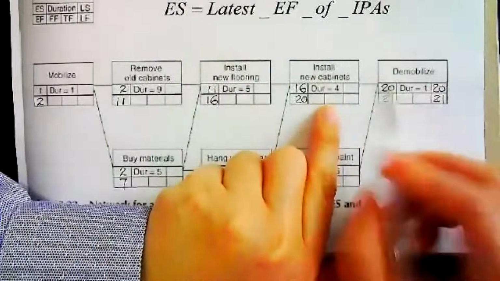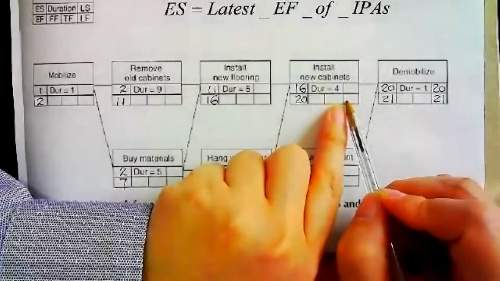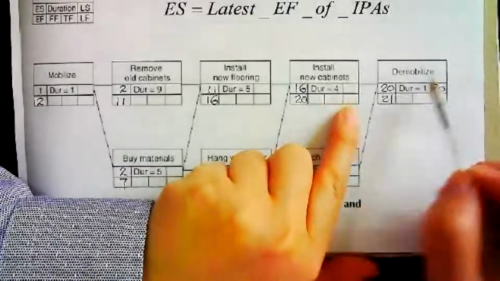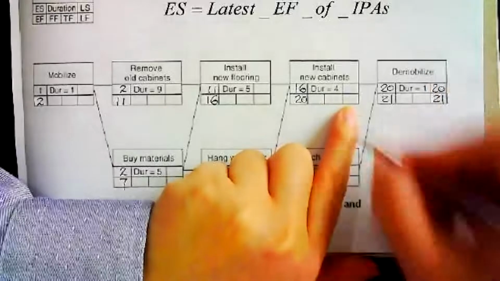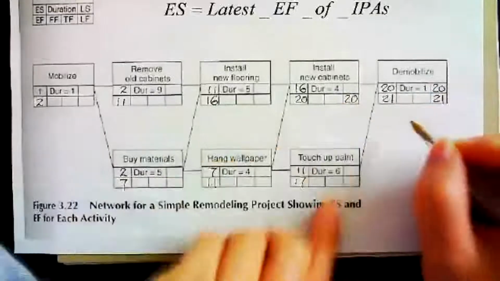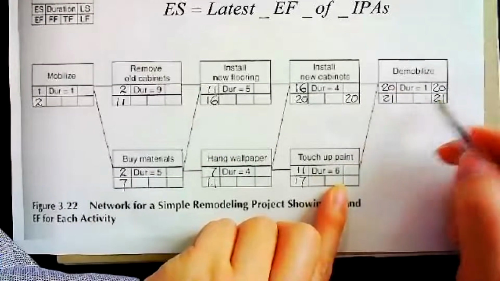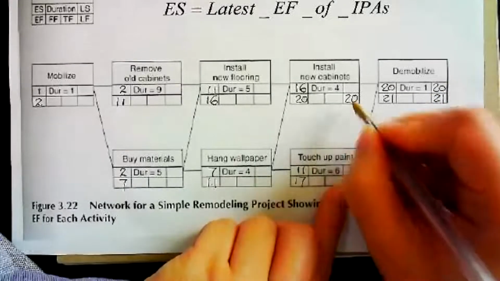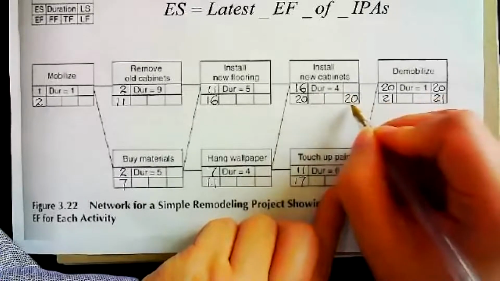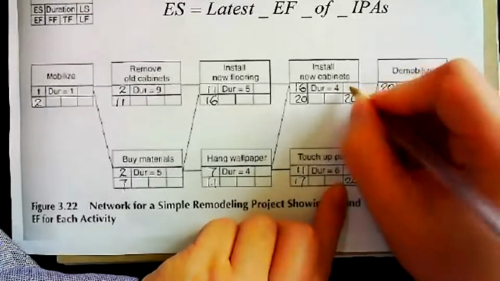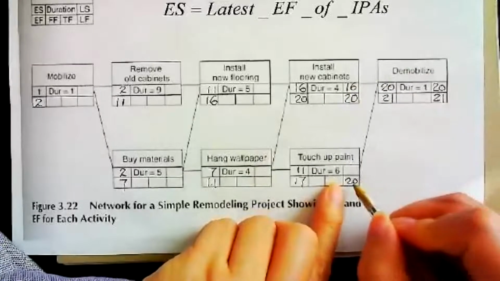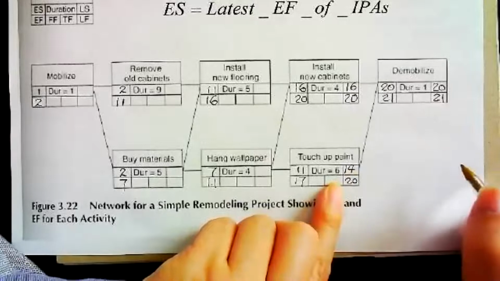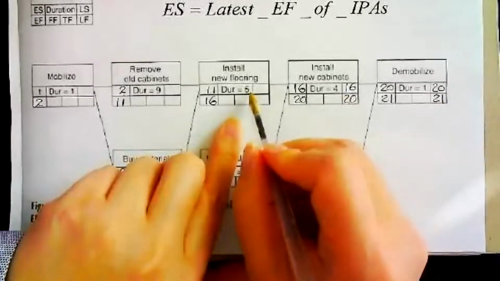Then I want to find the previous activity's late finish. That equals the ISA's late start. So over here is 20. This one, the ISA's late start is also 20. 20 minus 4, 20 minus 4. This is 16. 20 minus 6, this is 14. So go backward.